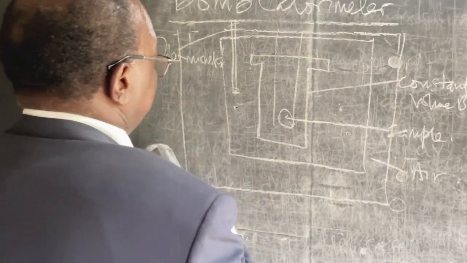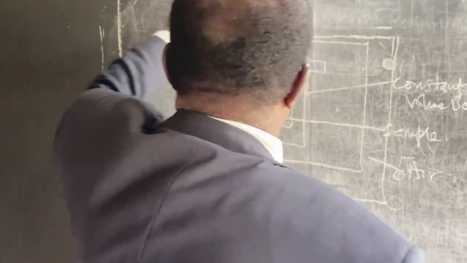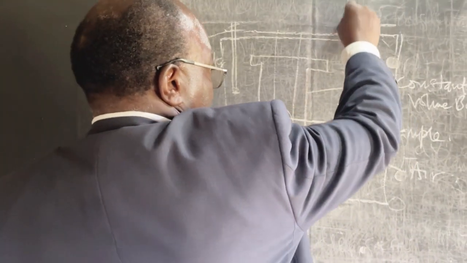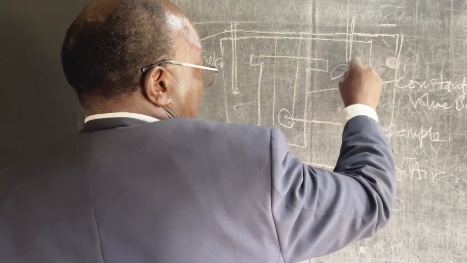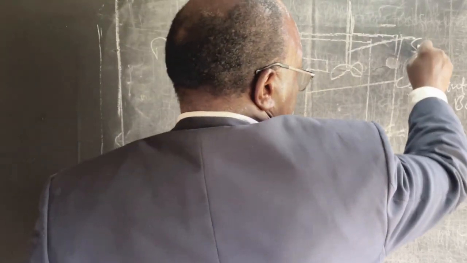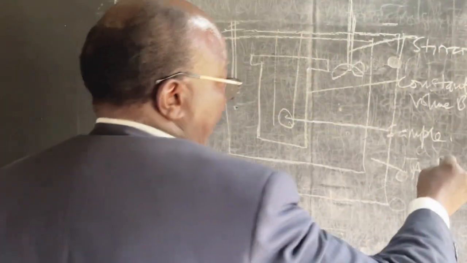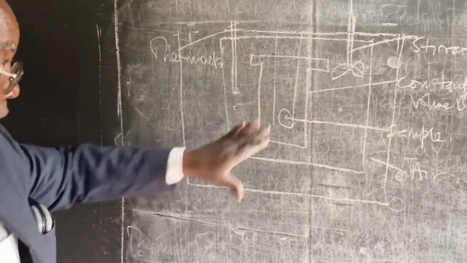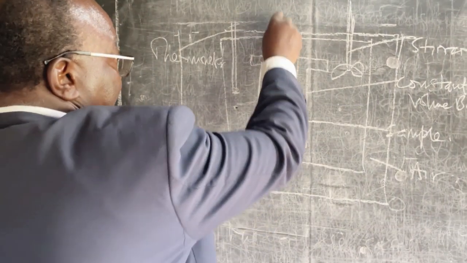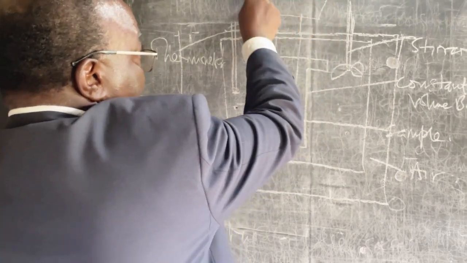We have a stirrer to stir the water here. So we have a stirrer which is able to stir the water. So basically, what we have for the bomb calorimeter is very simple. We have the bomb unit, and of course, this will be connected to a detonation unit.